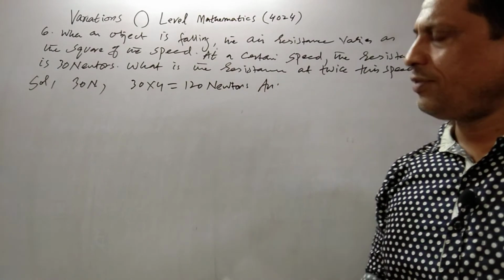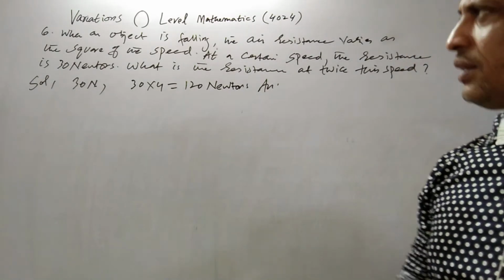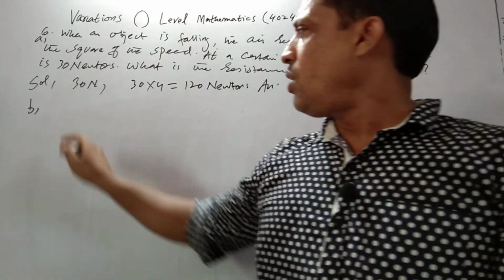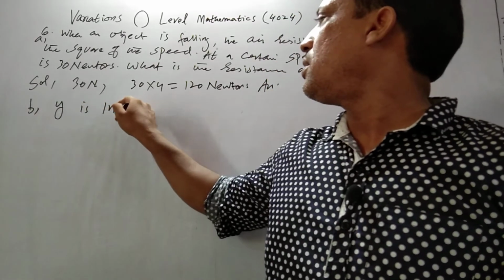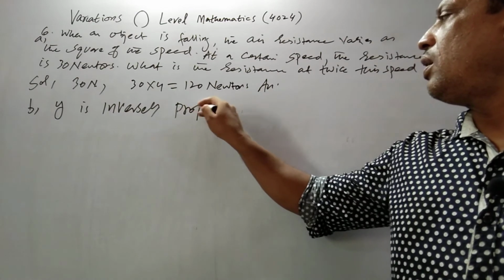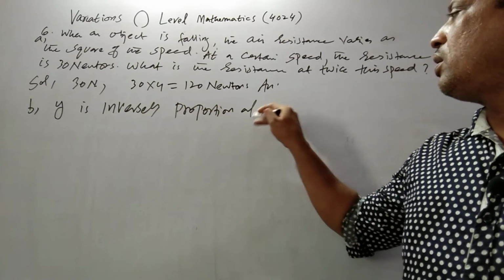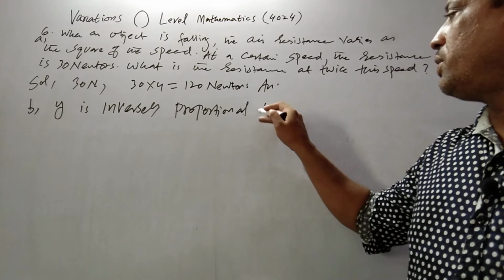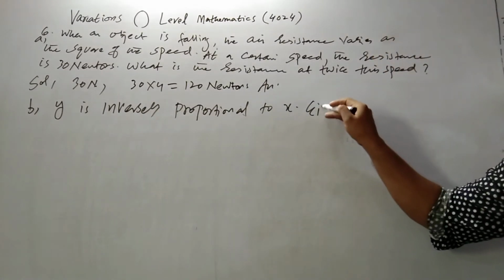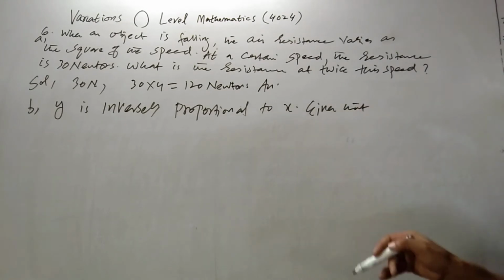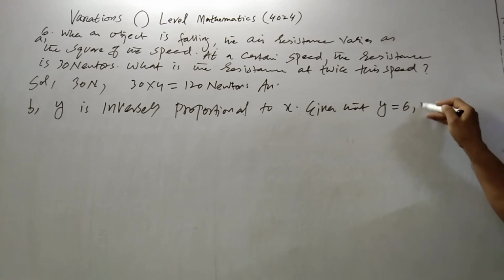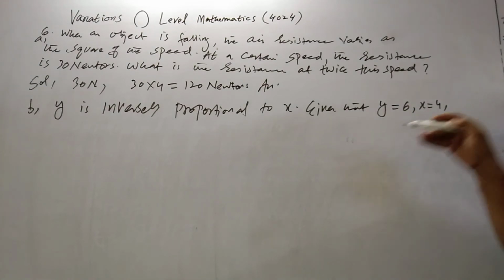Now see, this is part A. Part B. Y is inversely proportional to X, given that Y is 6 when X is 4.